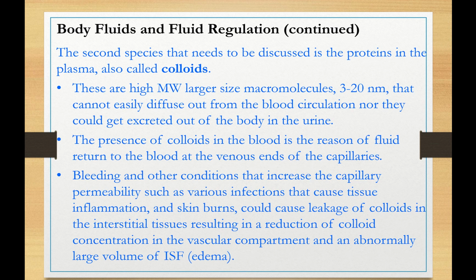Now let's move to some of the properties of colloids. As we mentioned, these are high molecular weight molecules, usually let's say proteins. They form colloidal solutions. These solutions are called colloidal because they are not true solutions in the sense that these molecules have a very high molecular weight and a very long structure.